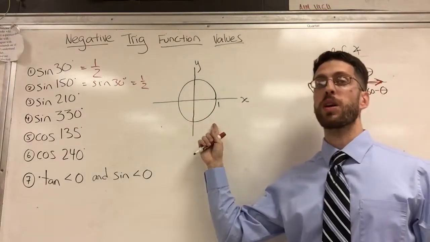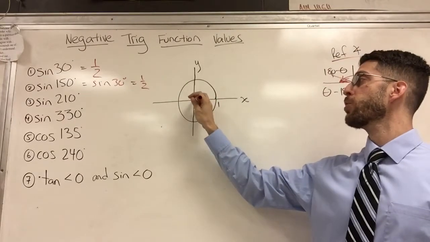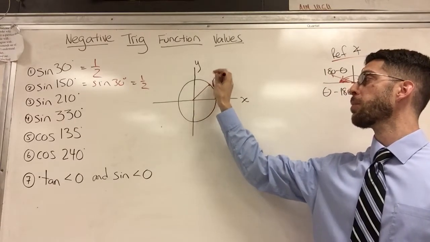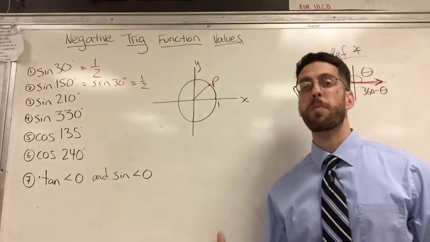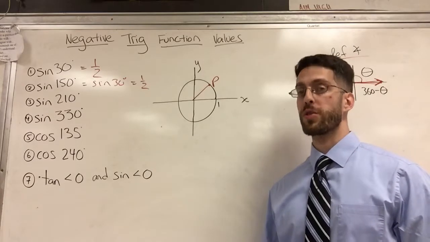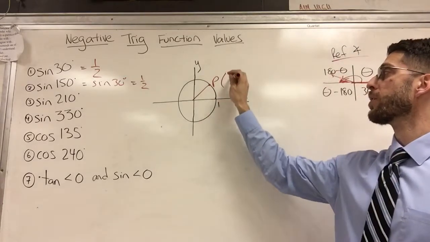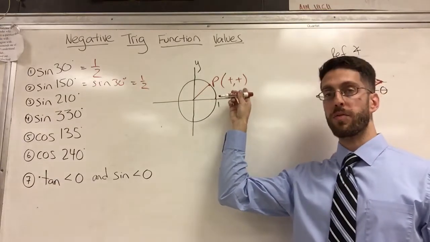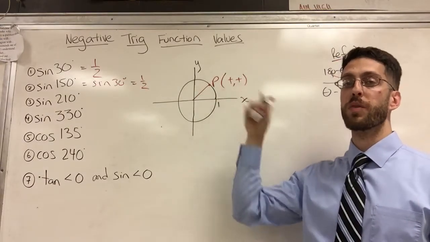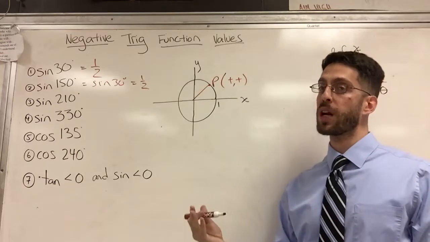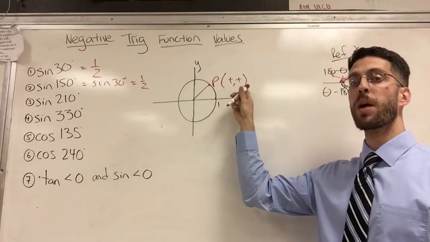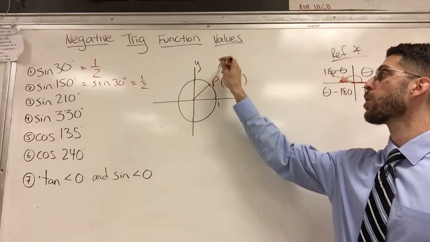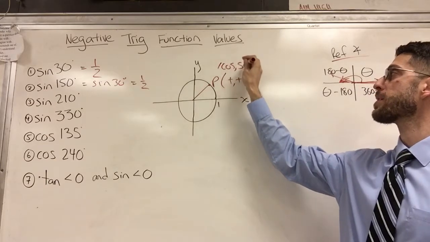Here's a unit circle. If I drew an angle and I created point P, the coordinates of point P depend on what quadrant you're in. So here in quadrant 1, both coordinates are positive. X is positive and Y is positive. And remember, coordinates in trigonometry, you can say x comma y, but it's more helpful to say cosine comma sine.